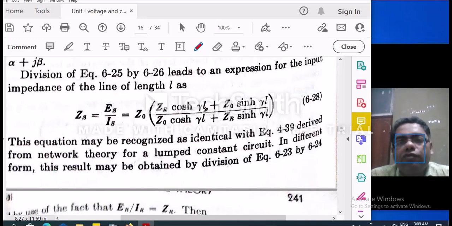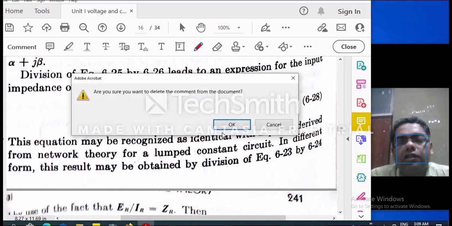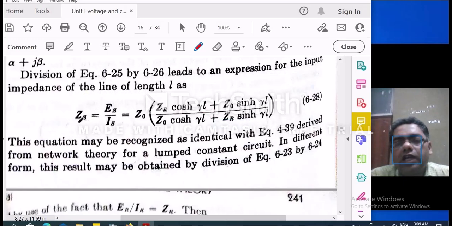If I take full length L, then it is the impedance at the source end ZS. And if instead of L I write s only, then it is the input impedance at an arbitrary distance s from the load end.